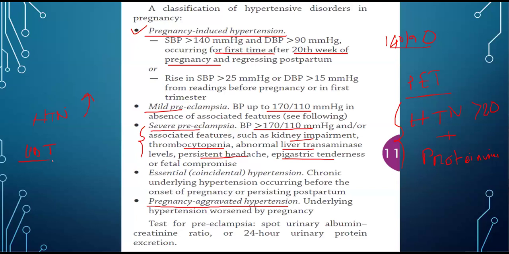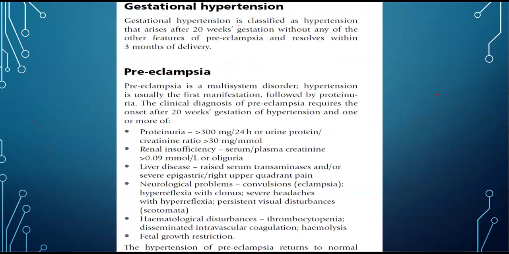That's not a specific or definitive test for proteinuria. So to be sure, you can either do a spot urinary albumin creatinine ratio, ACR, or you can do a 24-hour urinary protein. Because 24-hour urinary protein takes time and it's a bit difficult, the best test to check for proteinuria is the urinary albumin creatinine ratio. Okay? Making sense?